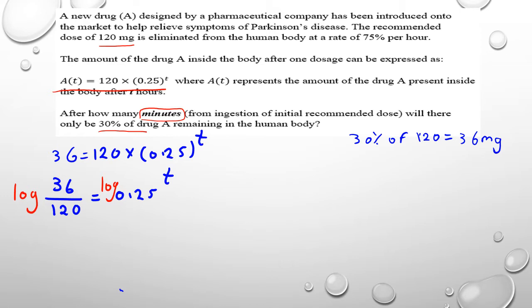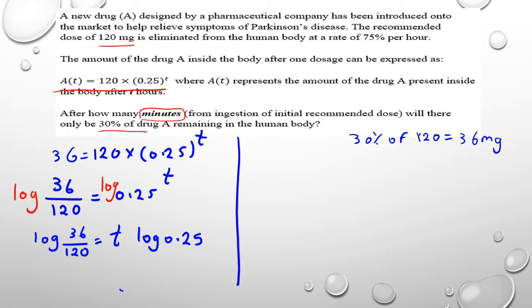Using the log rules, the next step of the equation is T times log 0.25. Now the next step is to rearrange. So T multiplied by log 0.25, obviously T will equal log of 36 over 120, over log 0.25.